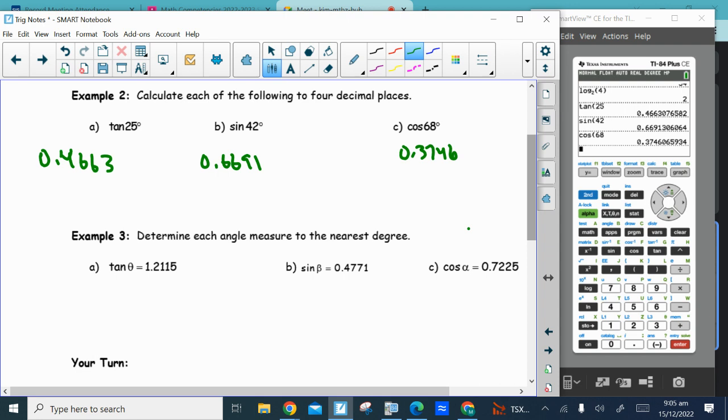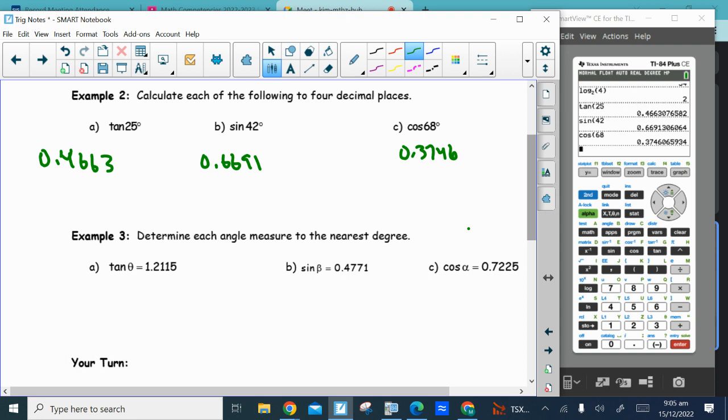But sometimes you're trying to find the angle. You're told what the sine, cos, or tangent of an angle is as a decimal, and you want to work backwards to find the angle. So to do that, that's where we use the sine to the -1, cos to the -1, and tan to the -1 functions, which are above the sine button, above the cosine, and above the tangent.